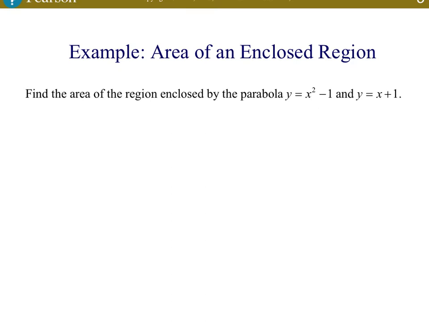All right, so visually, we know what that looks like. So we have our y-axis, our x-axis, and x squared minus 1 is going to come down. Okay, and y equals x plus 1. So here's negative 1, and then plus 1 up here.